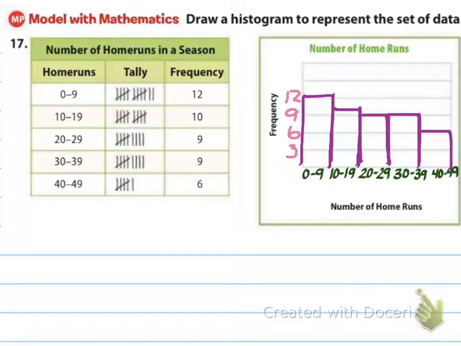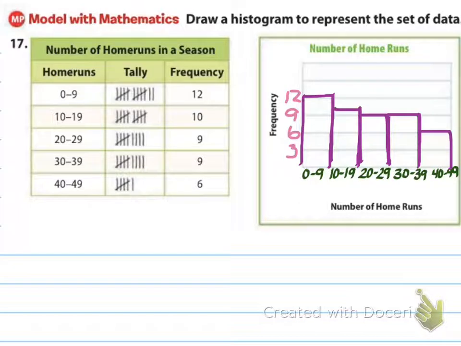If I were to describe what's happening here, to interpret the graph, I would say that my graph falls between 0 to 9 home runs all the way up to 40 to 49 home runs. So there's no more than 49 and no less than 0 home runs, obviously.